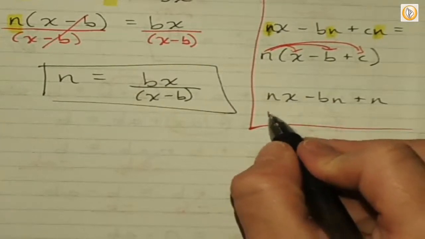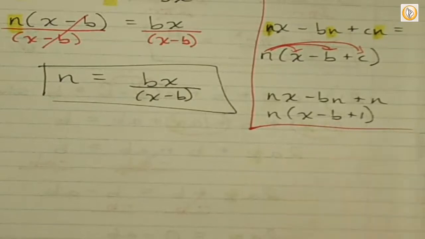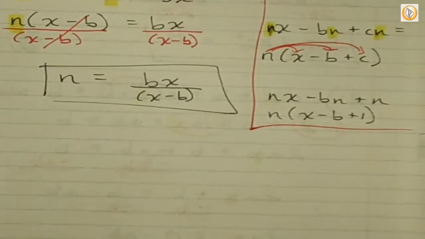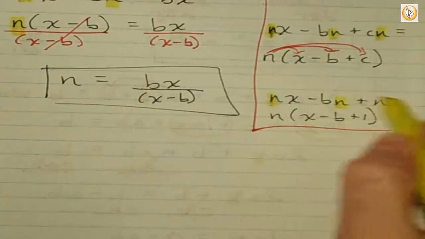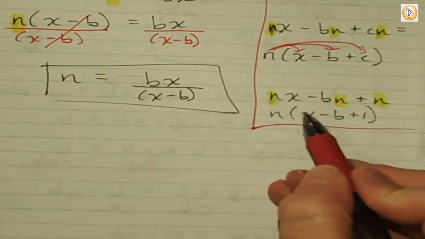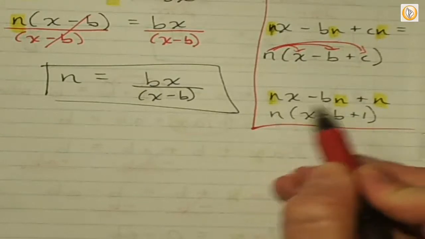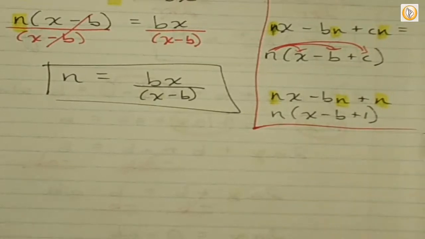I think if we took the n out, wouldn't it be this? So if I were to pull out the n, because, let's check it, n times x is nx, n times negative b is negative bn, and n times 1 is n. So that would work. Good question. Any other questions?